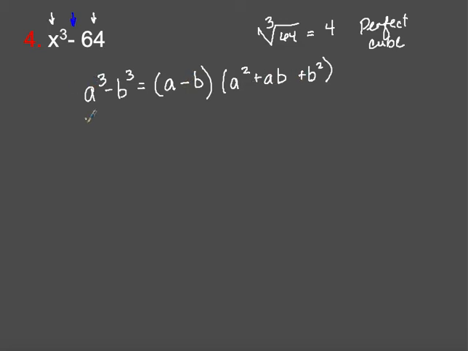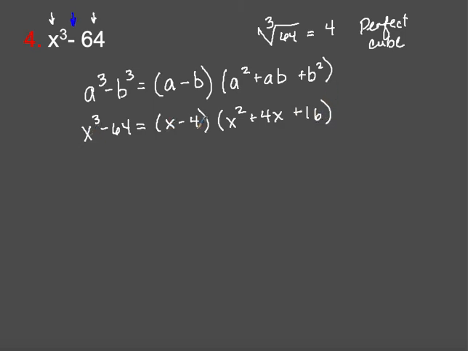So let's fit that in here with x cubed minus 64. So my first grouping will be the cube root of each number, x minus 4. The second grouping is going to be the first squared, the first times the last, which is 4x, and the last number squared, which is 16.